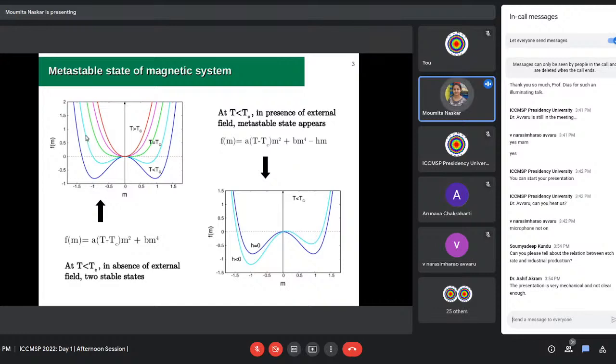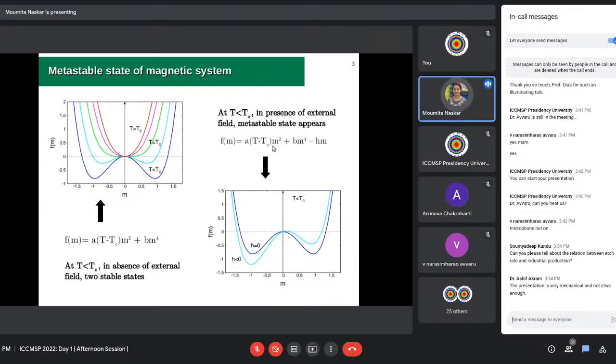So first, how does a metastable state appear in a magnetic system? That question can be addressed very simply in the light of the free energy versus order parameter picture, where this free energy is the Landau free energy. This is a very well-known picture for the Ising system, where below the critical temperature, the system has two stable states, in the absence of any external field.